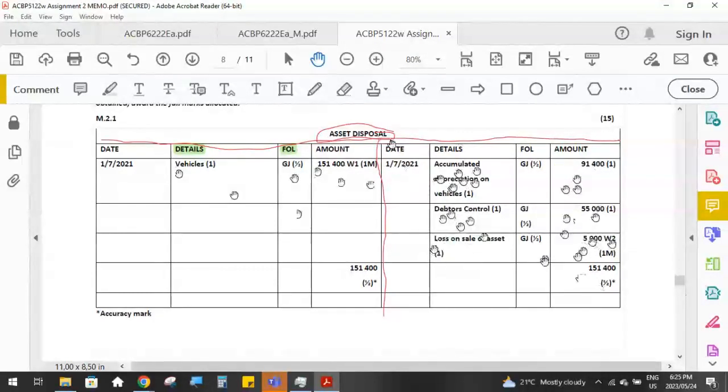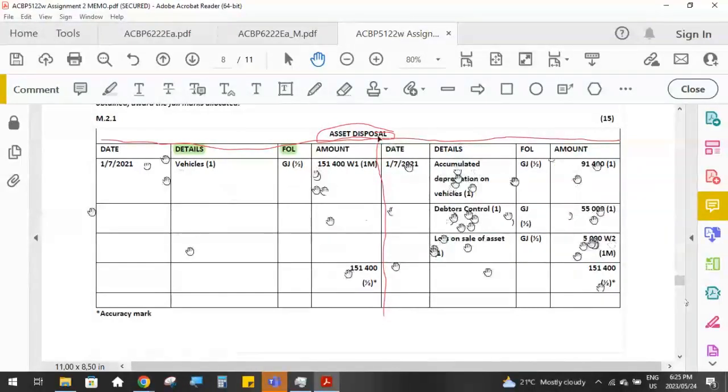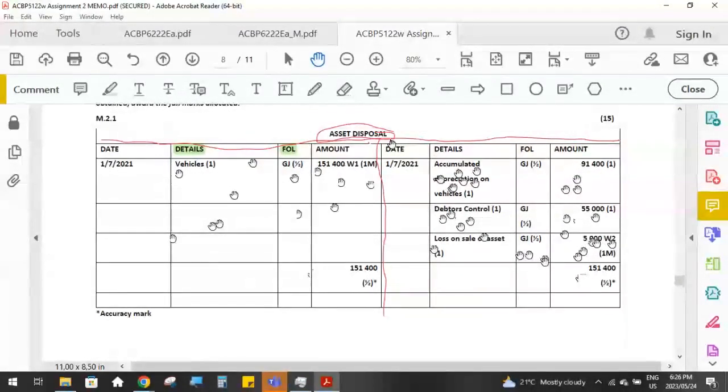If the right-hand side had been larger than the left-hand side, we would then have had to debit asset disposal, and we would then have credited profit on sale of asset. So it all just depends whether you've made a loss on sale of asset or a profit on sale of asset as to which side of the asset disposal account you have to put this balancing entry.